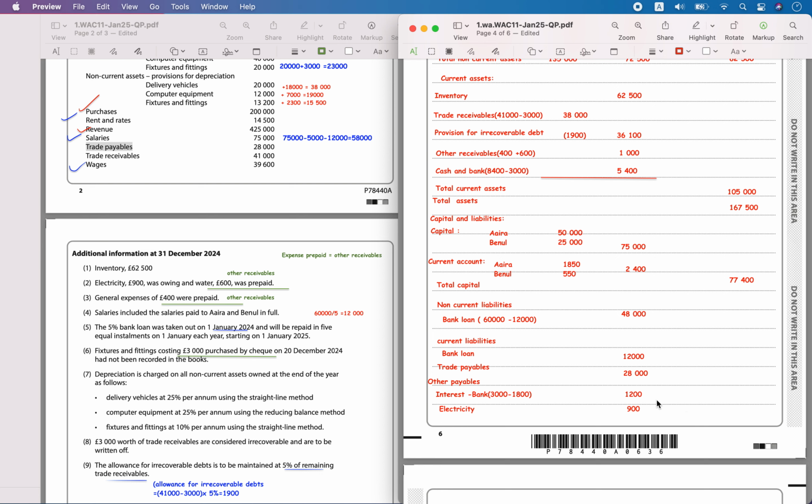So now let's add up these. 12,000 plus 28,000 plus 1,200 plus 900, that is 42,100. So this total was 42,100.